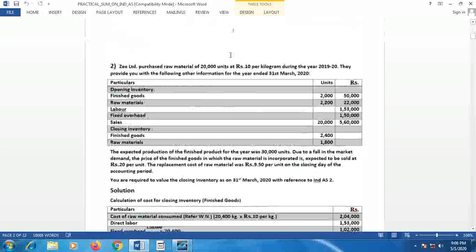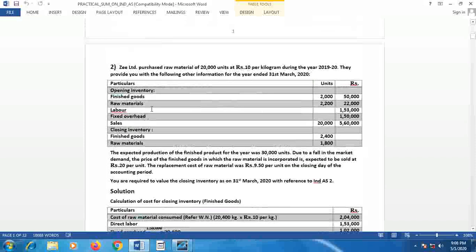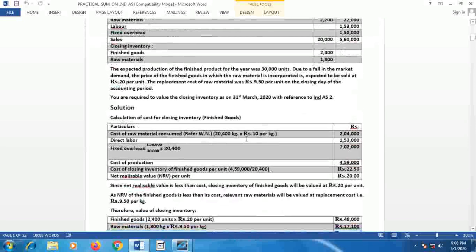In the current year, it is purchased at 10 rupees. The opening inventory is also at 10 rupees, because 2,200 units at 22,000 rupees means it is also at 10 rupees per unit. So the whole of 20,400 kgs of raw material consumed is at 10 rupees per kg. So it comes to 2,04,000.